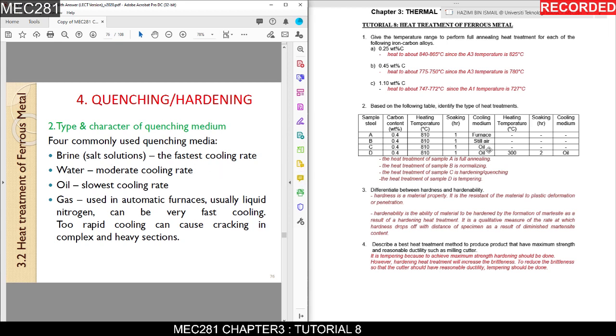For D, the difference between C and D is another extra heat treatment where it is heated again to 300 degrees C, soaked for about 2 hours, and then cooled again in the oil. So this one is what we call tempering.